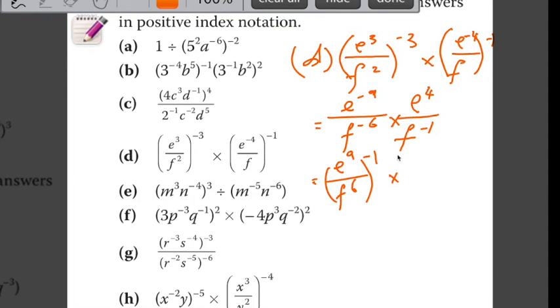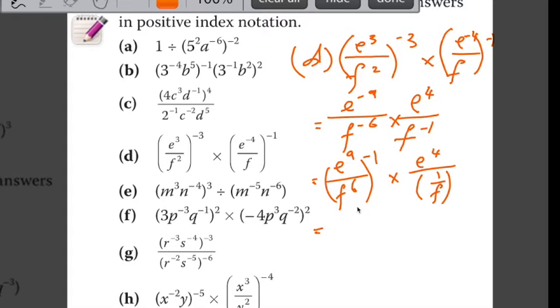And for this side, this is e over 4 over f to the power negative 1, which is 1 over f. So remember what I said about if your power is negative 1. I just took out this negative 1 power, so I took it outside here.